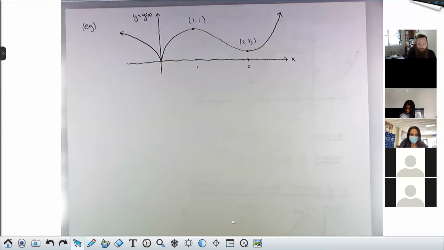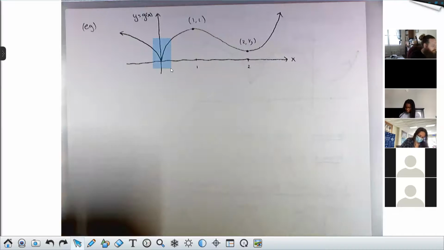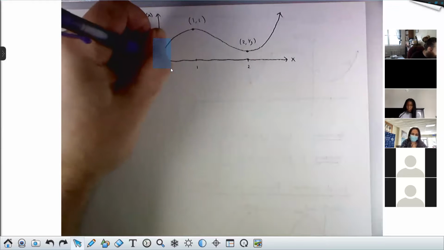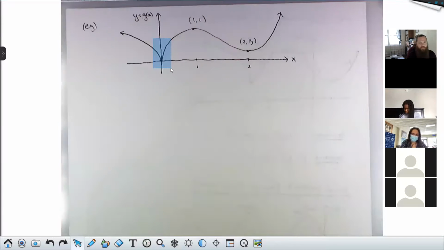Would one be 0? Yeah, you caught the hard one first. Yes, there's a local min right here. This point is a local min. If I put a little window around the graph right there, the point at 0, 0, the one I didn't label, is the lowest point on the graph anywhere there.